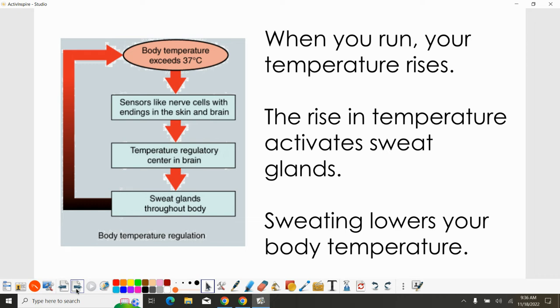It produces a lot of heat. So, for example, when you run, our temperature rises. Our body has mechanisms in place that will create a negative feedback loop that will prevent it from rising too far and eventually reverse it and return it to normal.